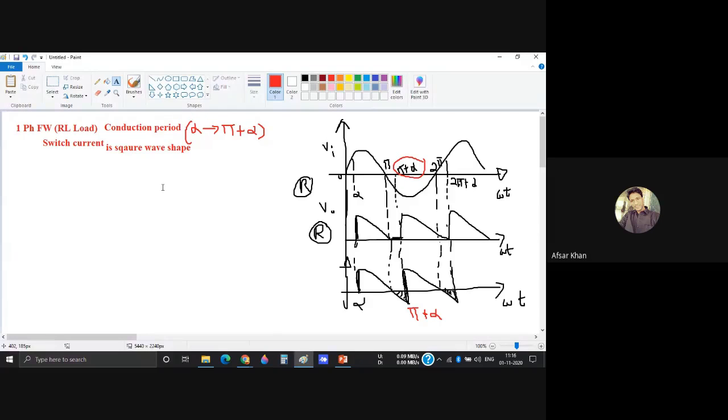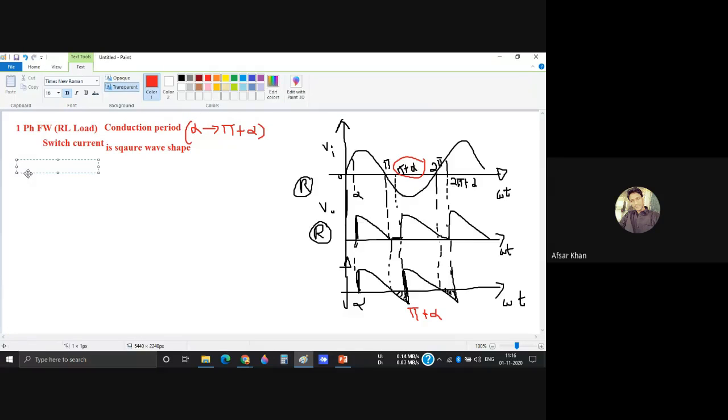Now, if we have single phase full wave rectifier with RL load, the same RL load, and with freewheeling diode, or single phase full wave rectifier with R load.